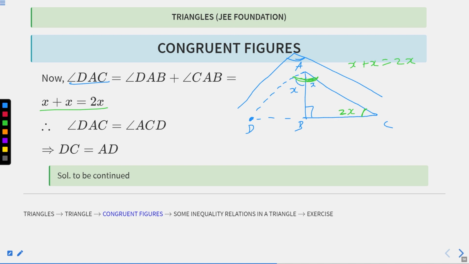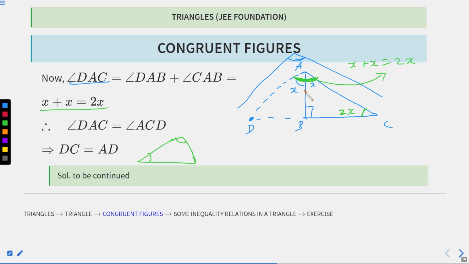Now this is 2x, and this is also 2x. If you recall that in a triangle, if two angles are equal, for example here and here, then their opposite sides must also be equal in length.